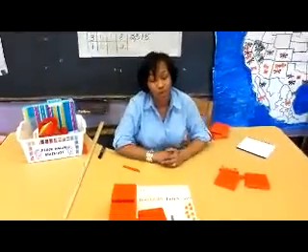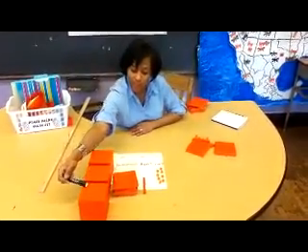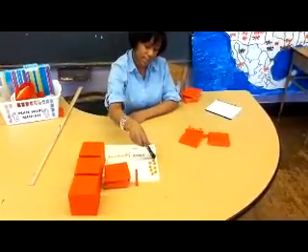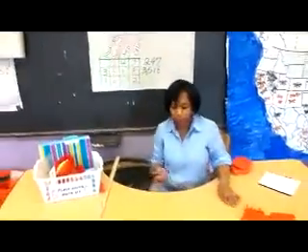So there are my 8 ones. So here's my number. 3,518. 1 ten and 8 ones makes 18.